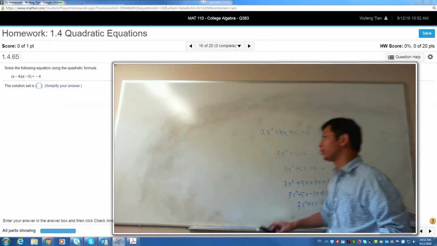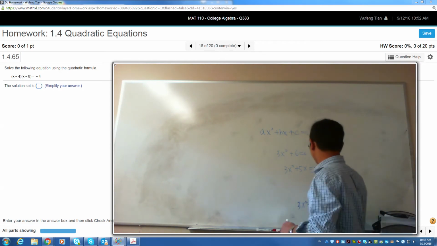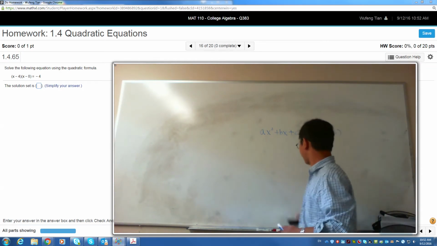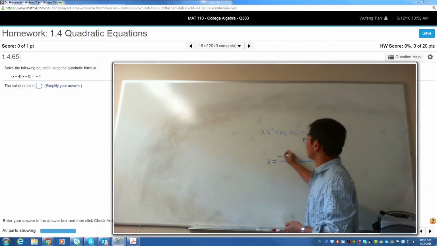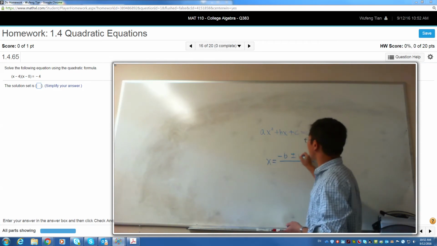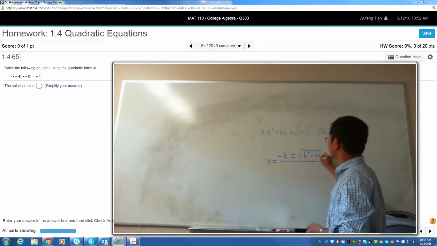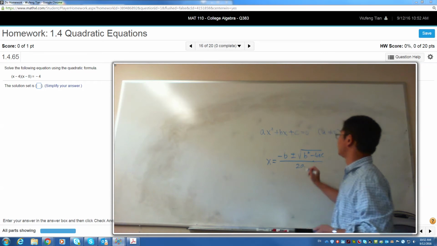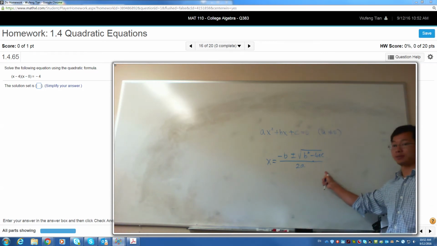Okay. So after you read the textbook, you probably know the quadratic formula is x equals negative b plus or minus square root of b squared minus 4ac, over 2a. Okay, this is the quadratic formula. You must memorize it.